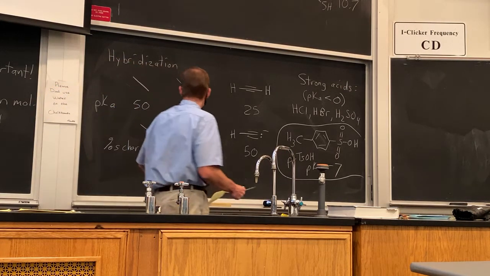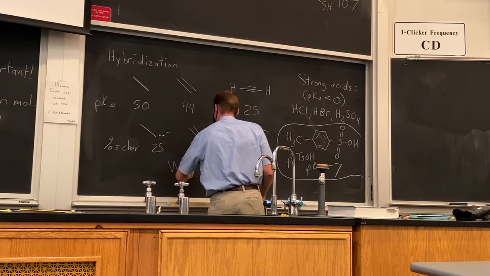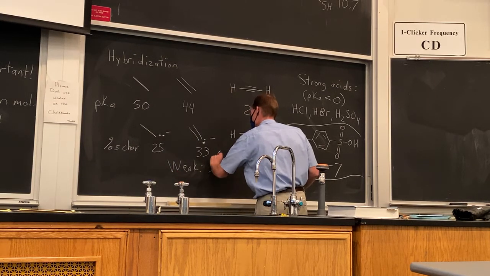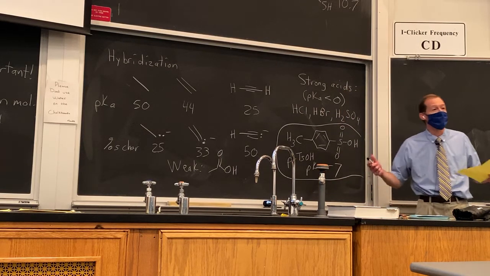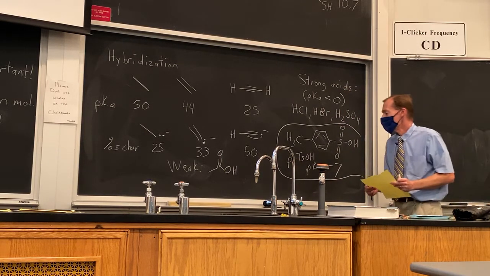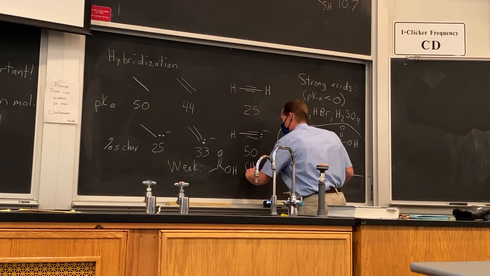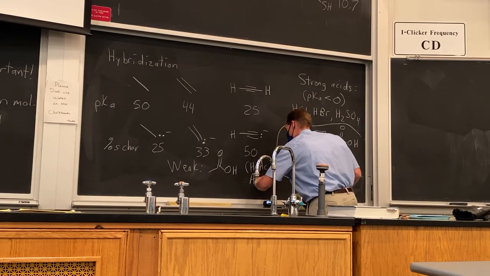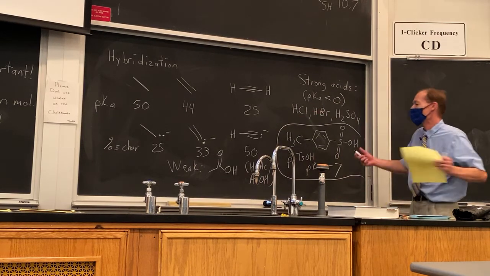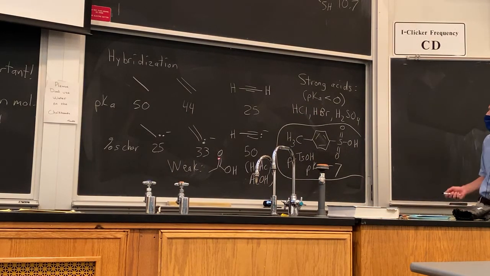Okay? When we need weak acids in organic chemistry, acetic acid is probably the most common one that we will see. Okay? Sometimes it's abbreviated HOAc, sometimes it's abbreviated AcOH, sometimes it's drawn out, but this is probably our most common weak acid that we will see in organic chemistry.